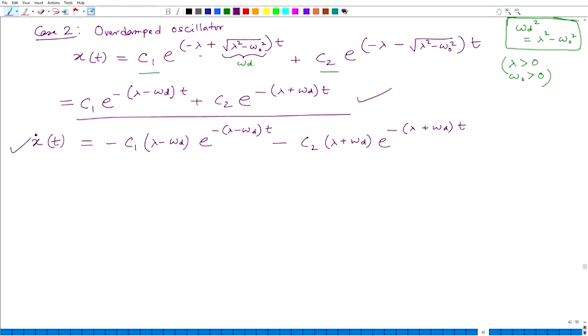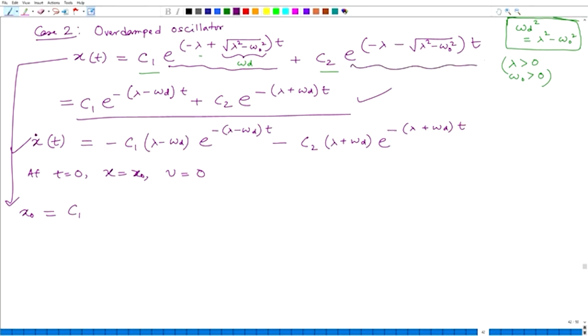And now, I am saying that at t equal to 0, x is equal to x0 and v is equal to 0. Then what happens? First, x0 will be equal to C1, this term will be 1 at t equal to 0, this as well.